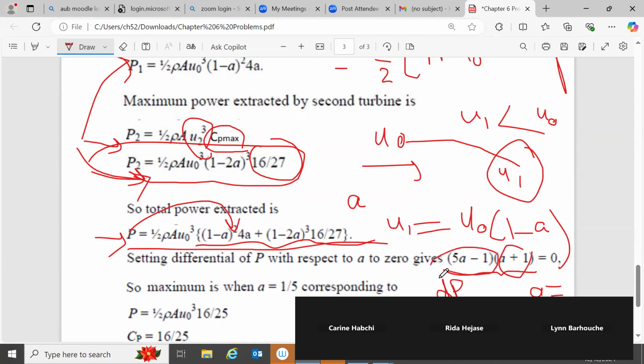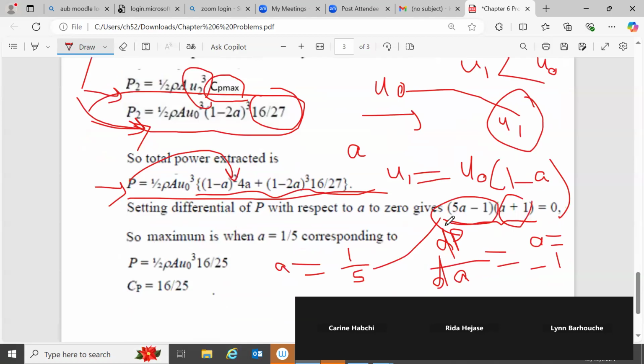From the other term, A is equal to 1/5. So we maximize the power with A equal to 1/5, and we will design for A equal to 1/5.